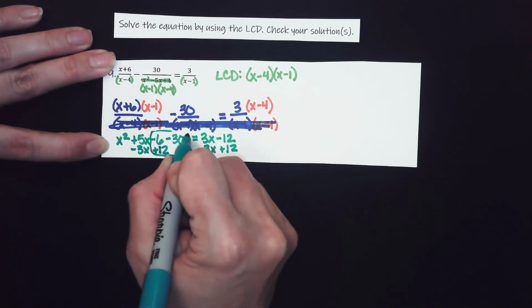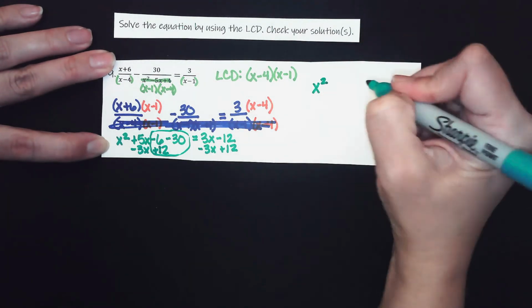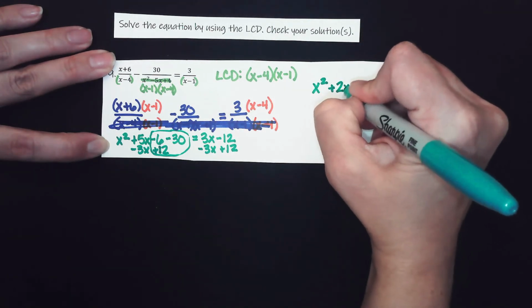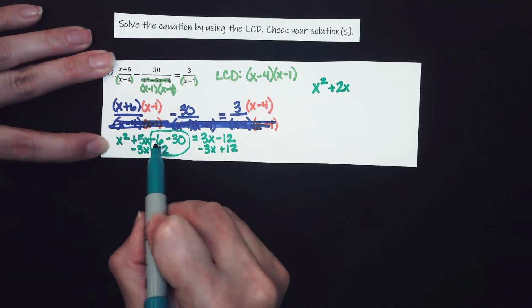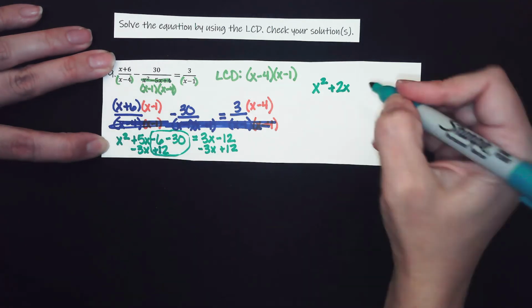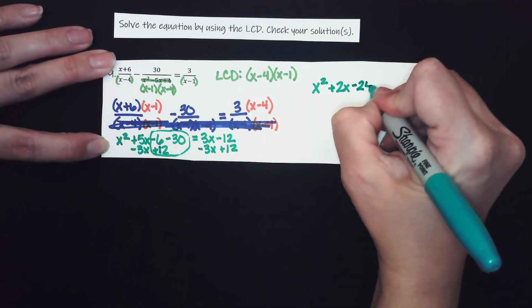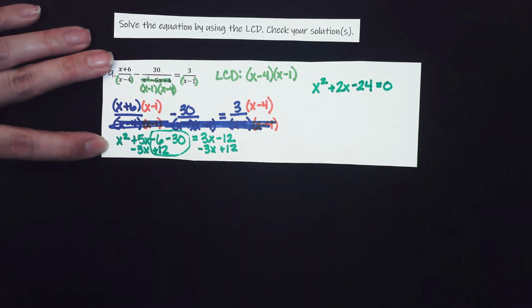If you notice, there's a bunch of constants right there. So I end up with x squared plus 2x, because I have a 5x minus 3x. Then I have a negative 6 minus 30 is negative 36, plus 12 would be a negative 24. And now that equals 0 because I subtracted all of those things from that side.